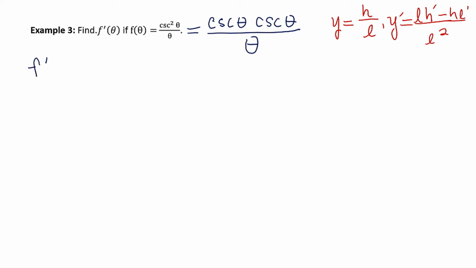F prime of theta is equal to, let's begin by writing theta squared in the denominator.